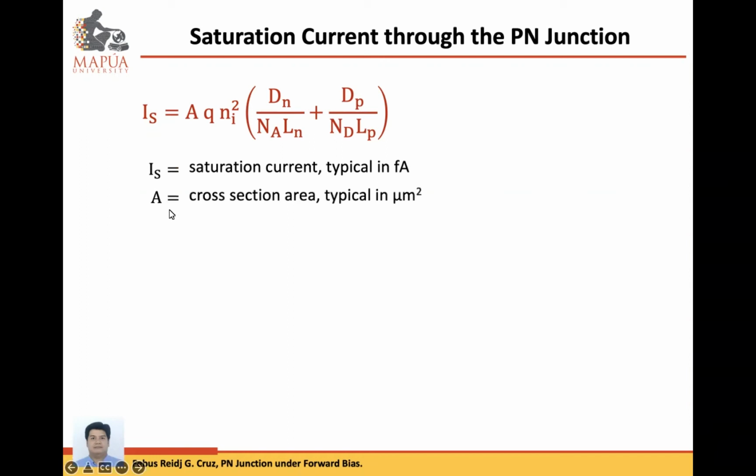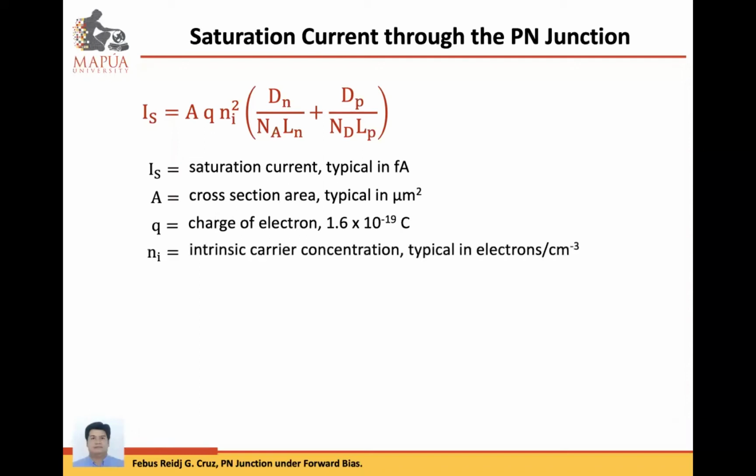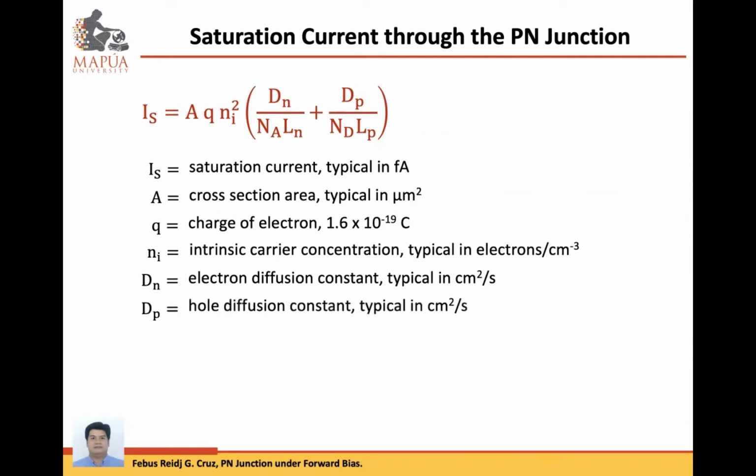A is the cross-section area of PN junction, typically in micrometer squared. Q is the charge of carriers, equal to 1.6 times 10 to the negative 19 coulomb. Ni is the intrinsic carrier concentration, typically in electrons per cubic centimeter. Dn is the electron diffusion constant, typically in square centimeter per second.